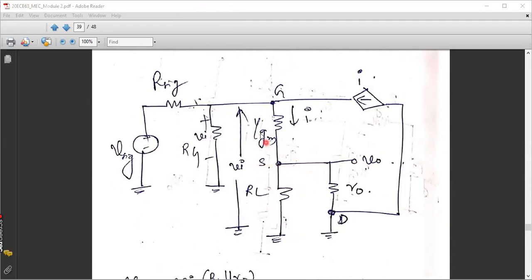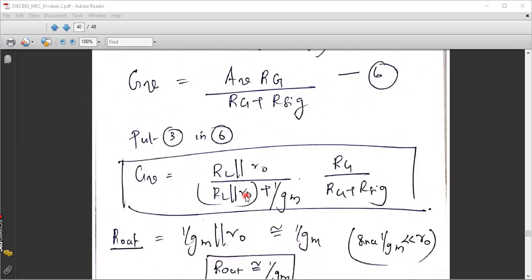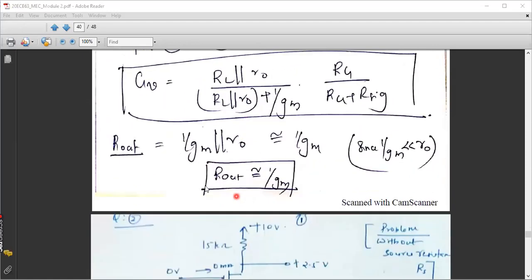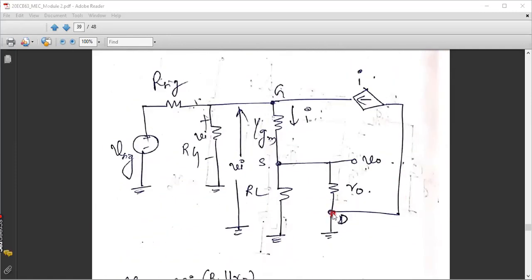You can see at the source we are having 1 by Gm and R0, but please be aware that we will not take RL whenever we are calculating the output resistance, isn't it? So if we discard RL from our analysis, it is obvious that 1 by Gm and R0 come into the picture. Whenever we are dealing with the calculation of output resistance, we will short circuit the source and see that these two are interconnected and that they are parallel.